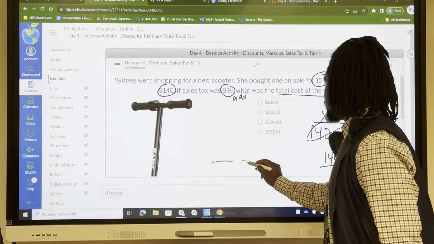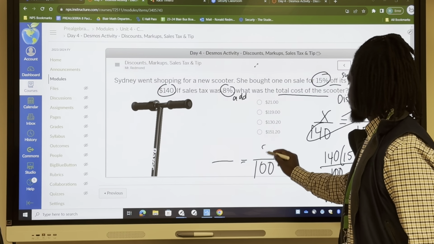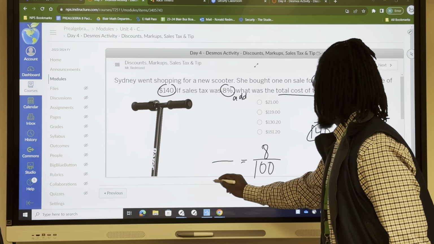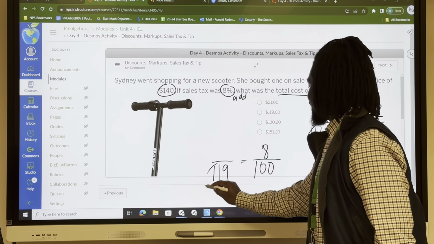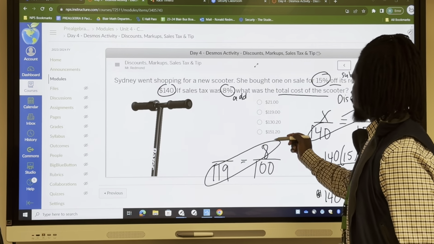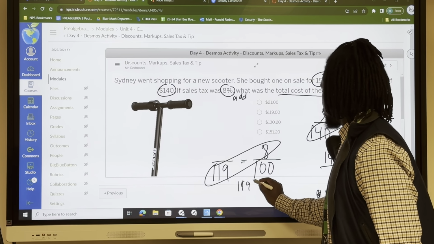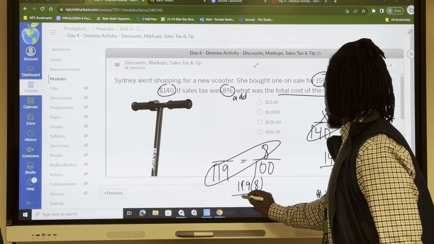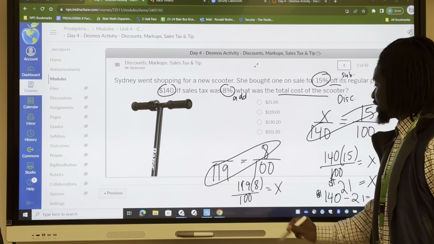So now when we do the sales tax is 8%, but we're gonna use the 119 here, and then I cross multiply, divide by 100, that is gonna give me the sales tax.